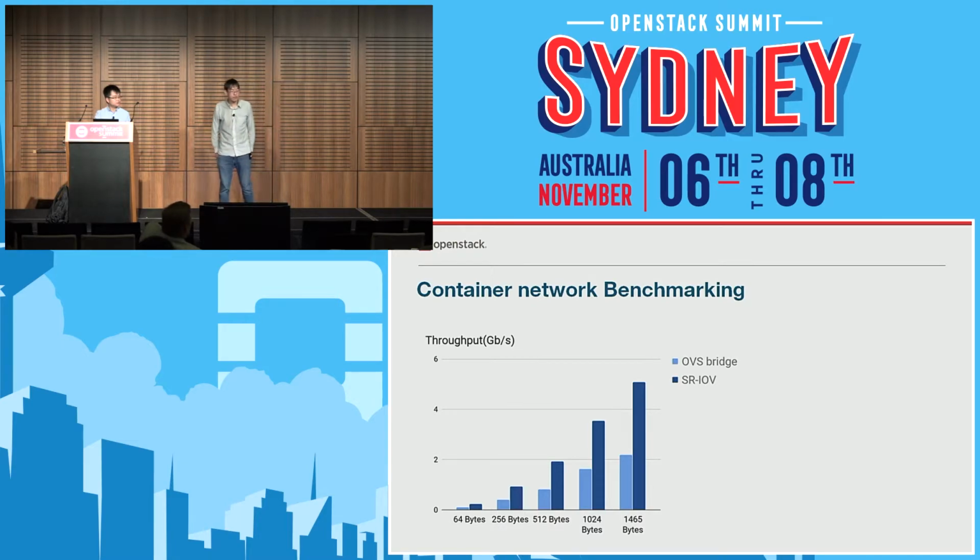We can see from the graph that here is a simple test result. We were testing using different packet size. We can see that when using SR-IOV in containers, the performance improved a lot, but it still can't reach the LAN rate.